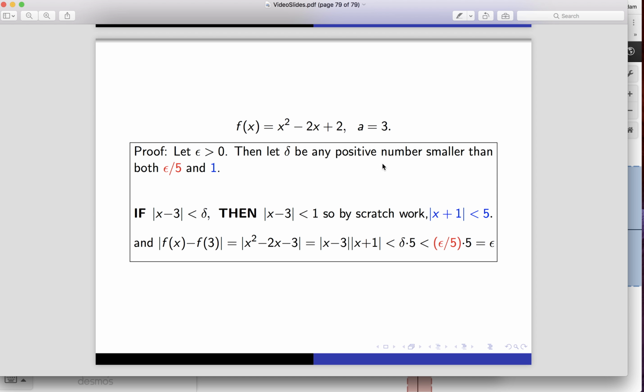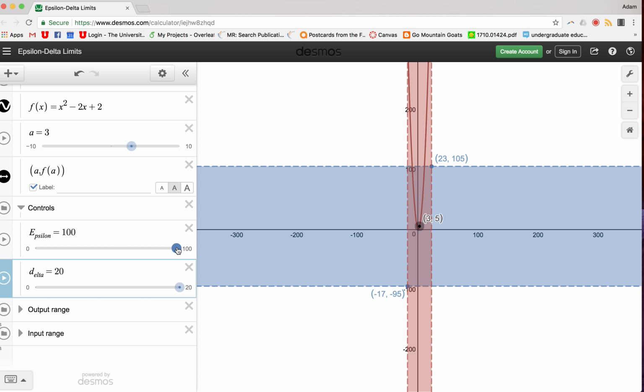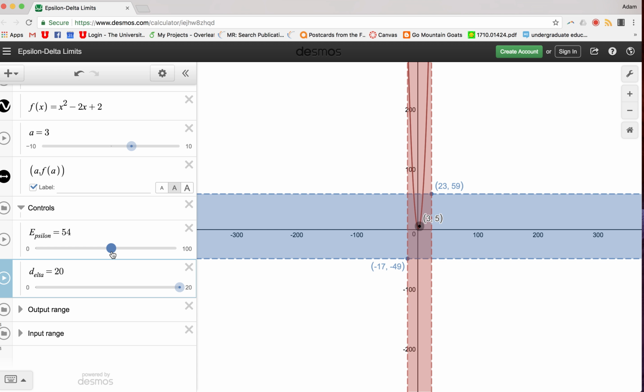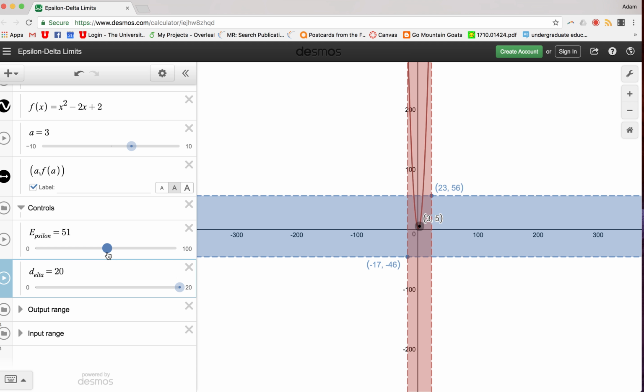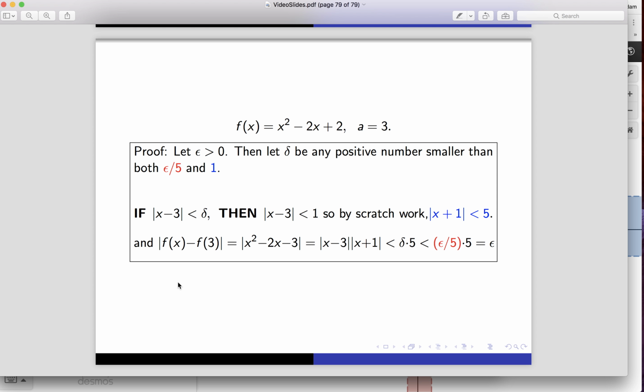In our proof, we really needed both ingredients to work. We needed a number that's smaller than epsilon over 5 and smaller than 1. So just to double check, say epsilon was 50. What do we need for delta? Our proof says we want a number smaller than epsilon over 5 and smaller than 1.